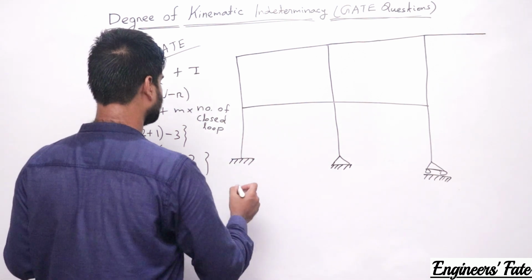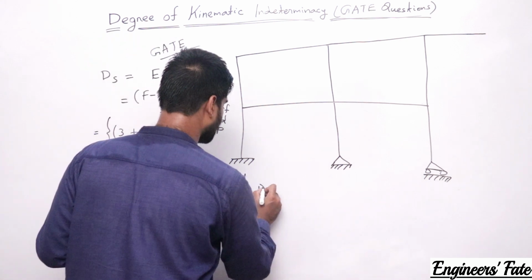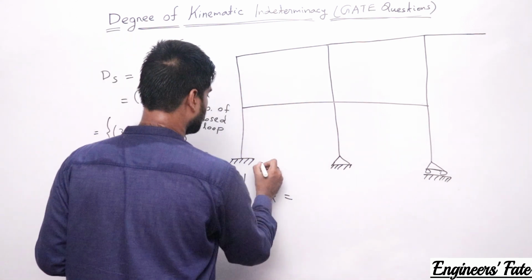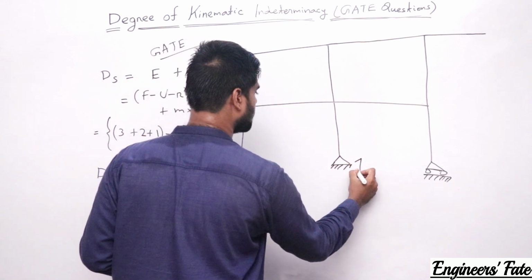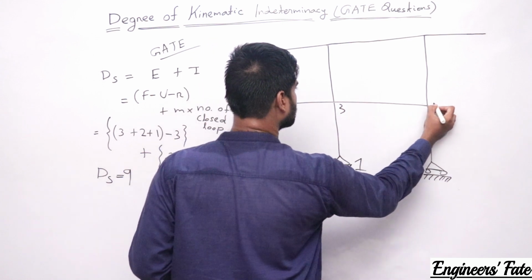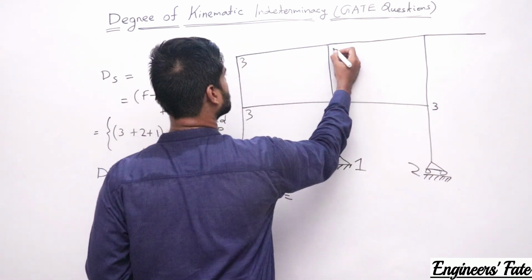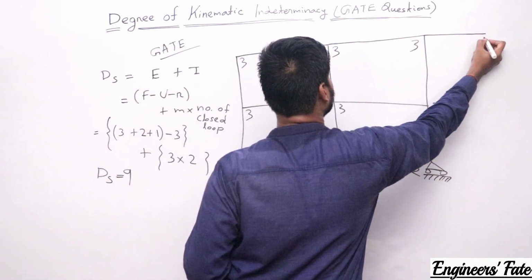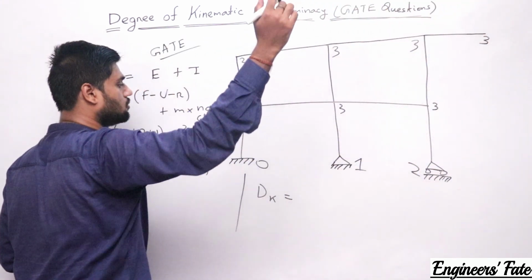Let's find dk. Now find dk. So fixed 0, this is 1, this is 2, this is 3, this is 3, this is 3, this is 3, this is 3, and the final end is also 3.